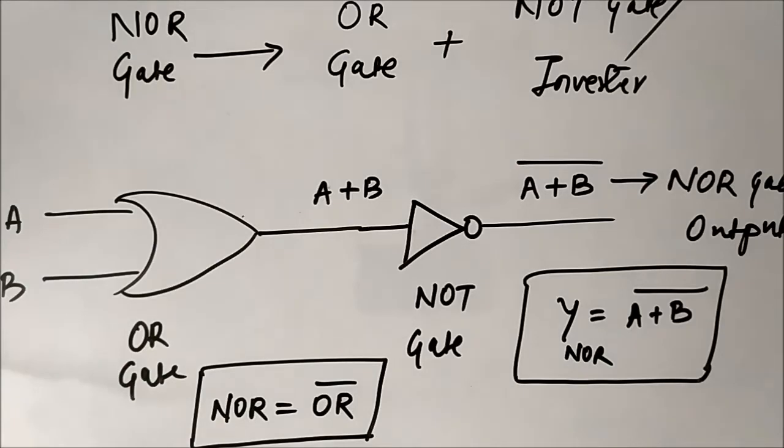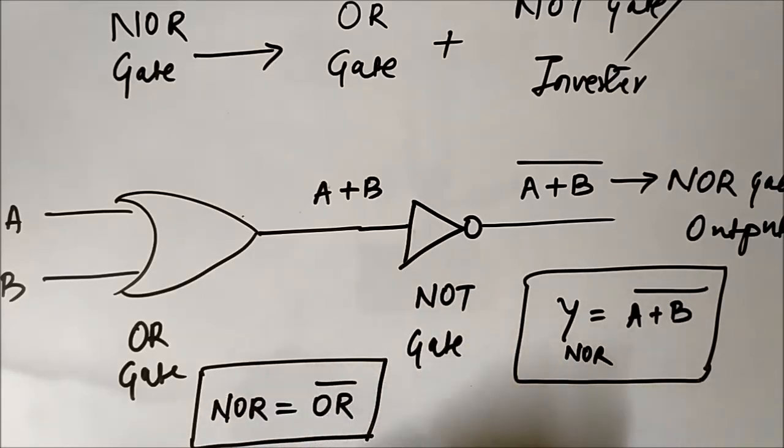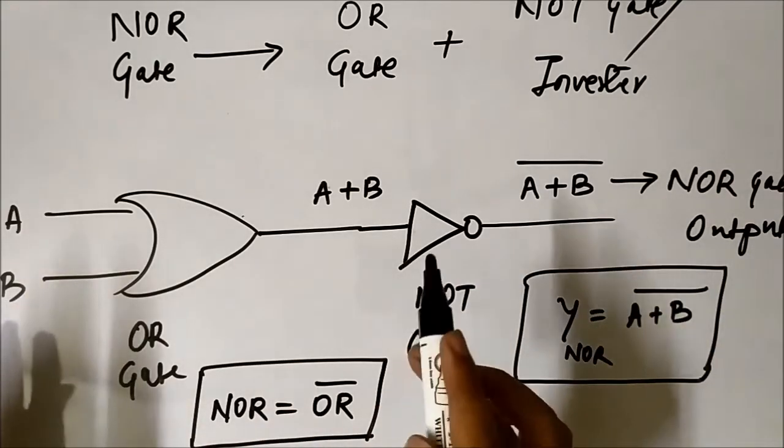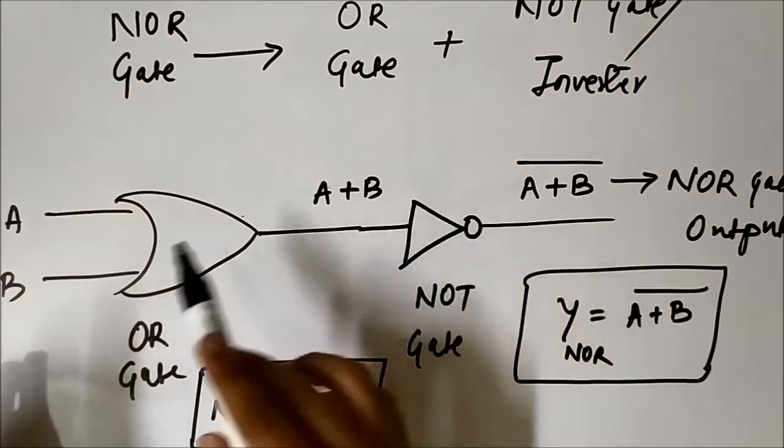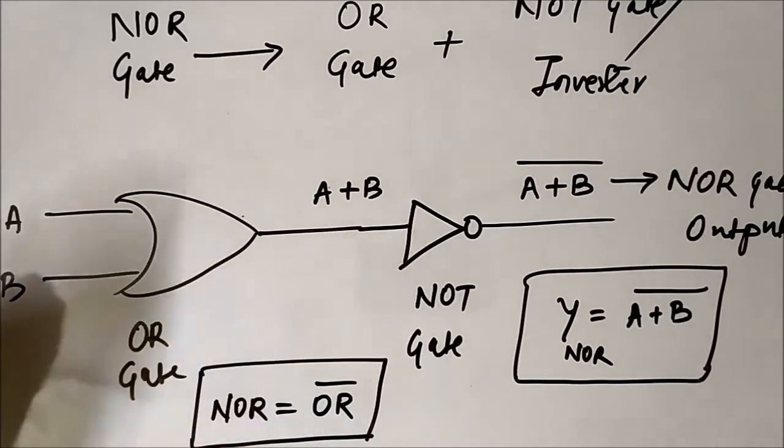Similarly, as we discussed in the NAND gate that the NAND is the complement of the AND output, the NOR is the complement of the OR output. So this is how the NOR gate is designed using the OR gate and the NOT gate, the inverter. Now let us discuss the schematic symbol and the input output relationship of the NOR gate through the truth table.